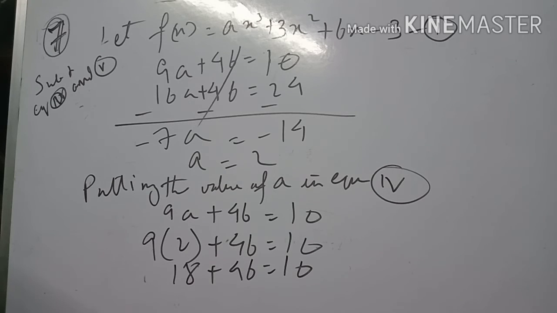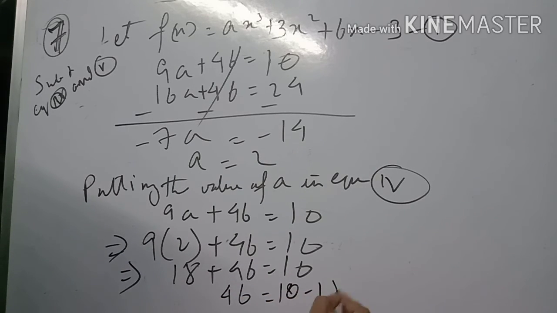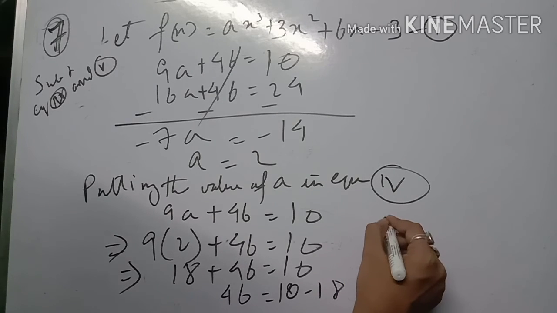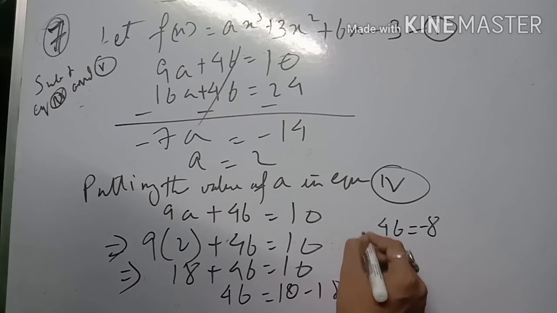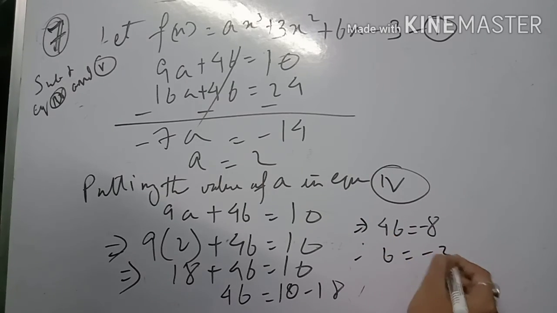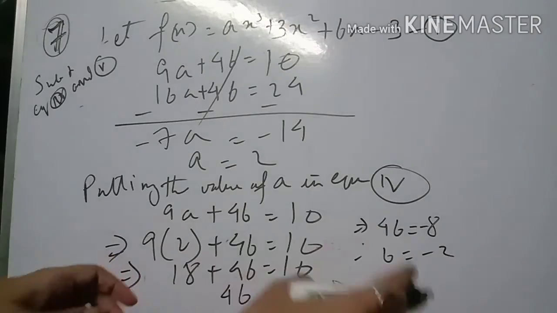Clear? Don't forget the implied sign. We're going to shift it. We are going to get 10 minus 18. Let me continue. So 4b becomes minus 8, and minus b equals minus 2.